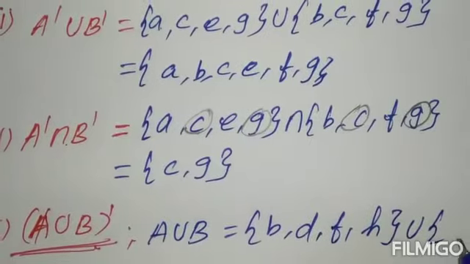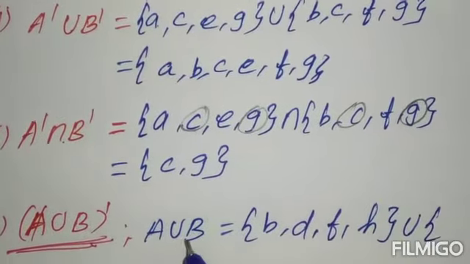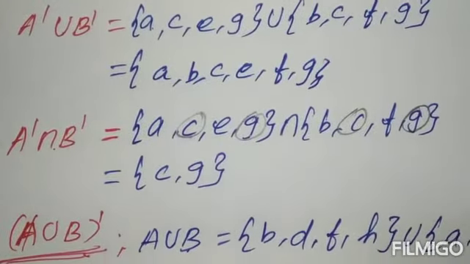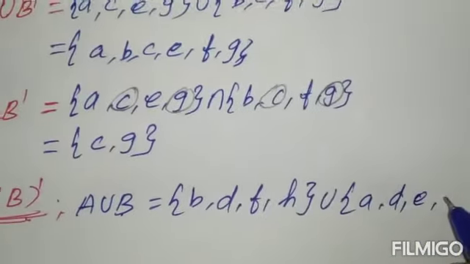Elements of B. Elements of B are A, D, E, H.